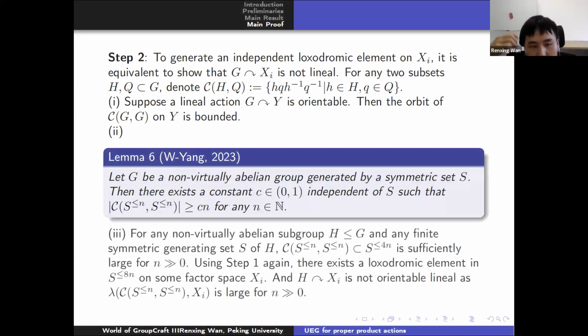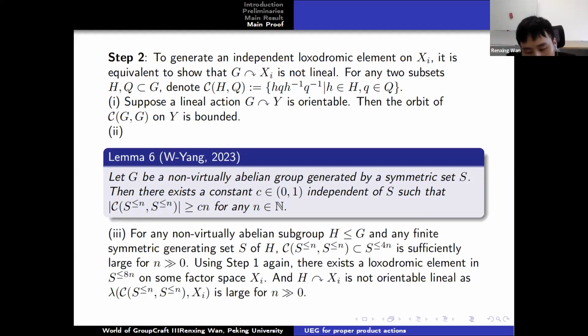With these two facts, we can introduce how to get step 2. At first, you choose any non-virtually abelian subgroup H, and choose any finite generating set S of H, and you consider a large enough n, then the commutator subset of the ball of radius n is sufficiently large, right?